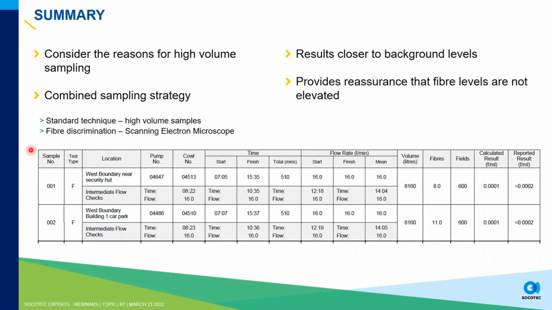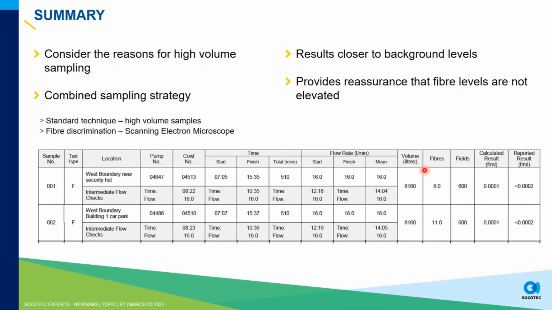And what I probably need to touch on now is that it does need to be a combined sampling strategy. So we are going to use our standard PCM techniques, measuring all total fibre, but we would also complement that with fibre discrimination using SEM, a scanning electron microscope, whereby perhaps one sample is sent for fibre discrimination, and we can produce reports that have all the information on.